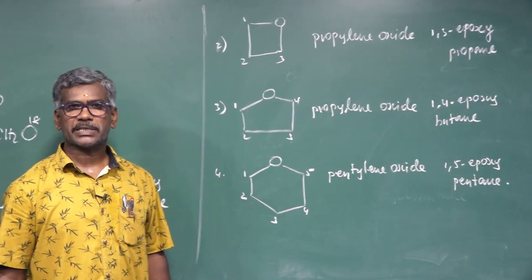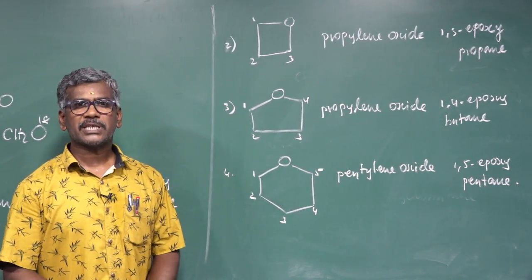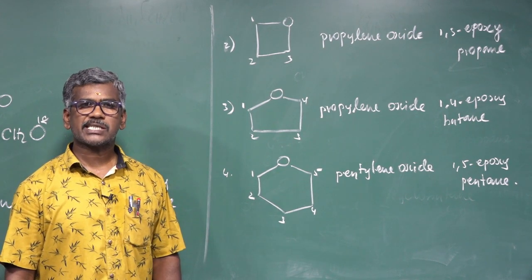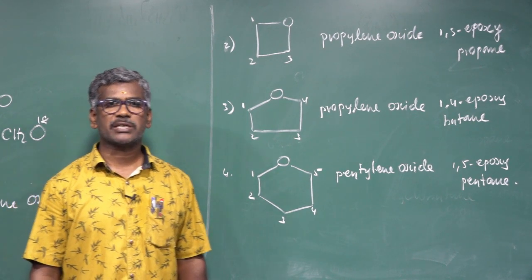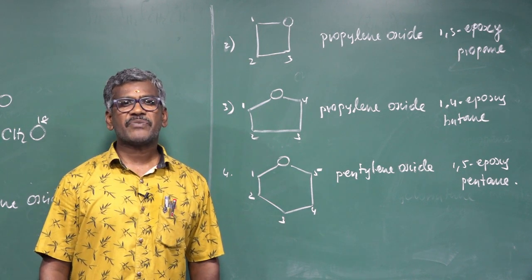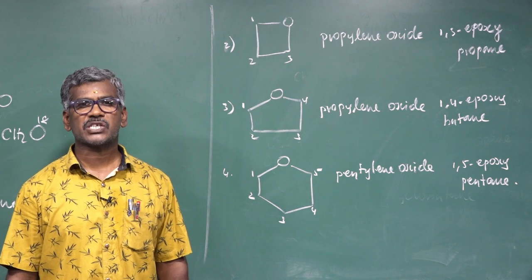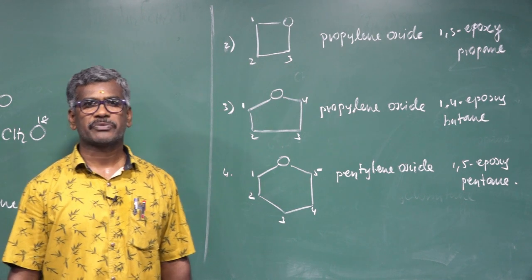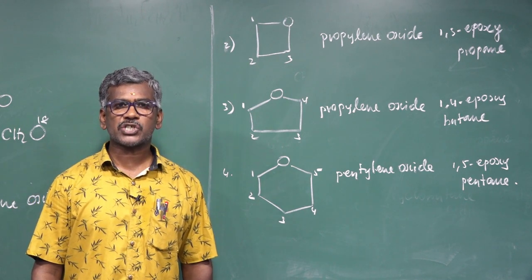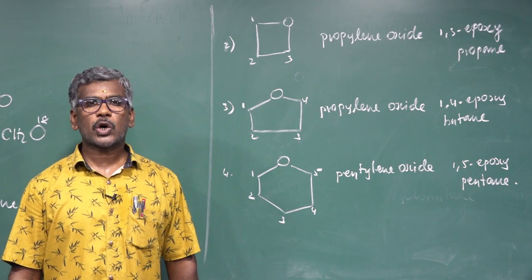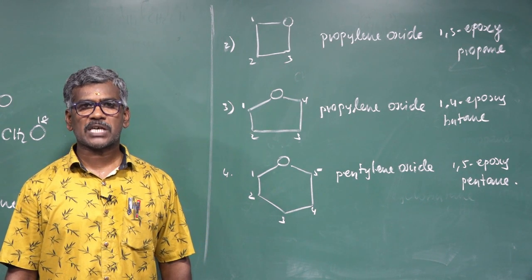Ether is already completed. Let us recap the fundamentals of organic chemistry. First is the definition of organic chemistry. Next, classification of organic compounds based on structure or functional group. Next, characteristics of organic compounds, then functional groups. Totally 30 functional groups are there.